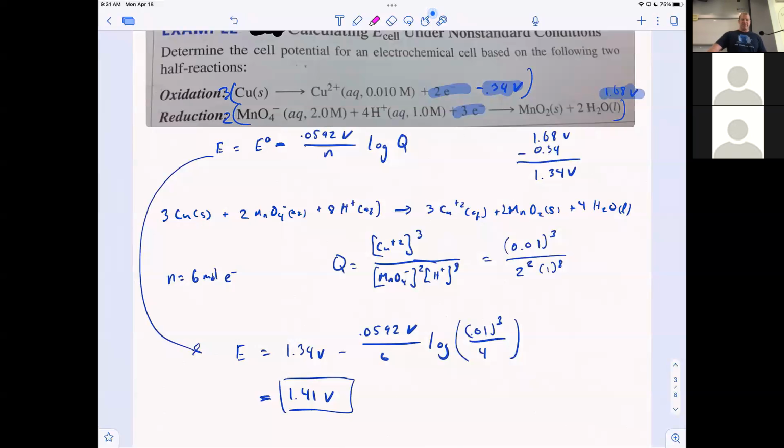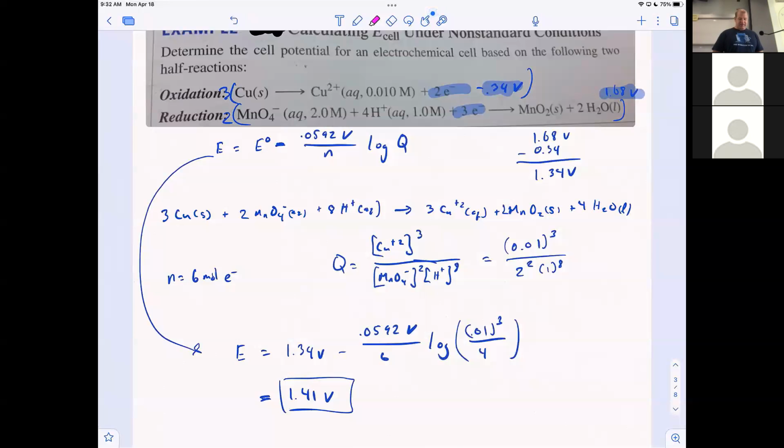Students have a really hard time with that. Then it's probably a tie for the third and fourth most difficult thing in the course: the Nernst equation and balancing oxidation reduction reactions. So these two things kind of bug students the most. So that's why I'm taking my time here.